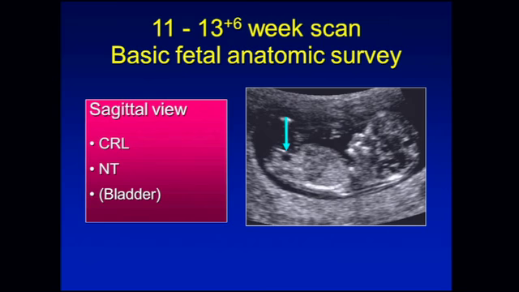At our institution, we have incorporated a basic fetal anatomy into the NT scan, and our sonographers would obtain several routine views for the evaluation of fetal anatomy. So in this sagittal view, which we use for crown rump length measurement, we can see the fetal bladder, and in this case it looks normal. When the bladder looks distended, then we would measure it.